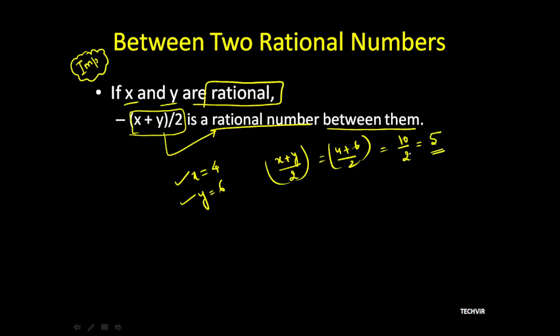So 5 is a number between x and y, obviously you can see. Suppose I have two rational numbers like 3 and 9. So 3 plus 9 divided by 2, that is 12 by 2, that is 6. So 6 is a number that comes in between 3 and 9 somewhere.